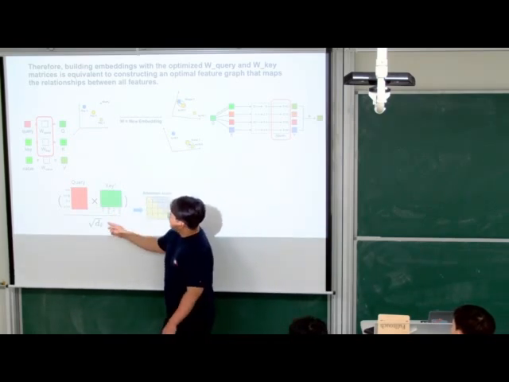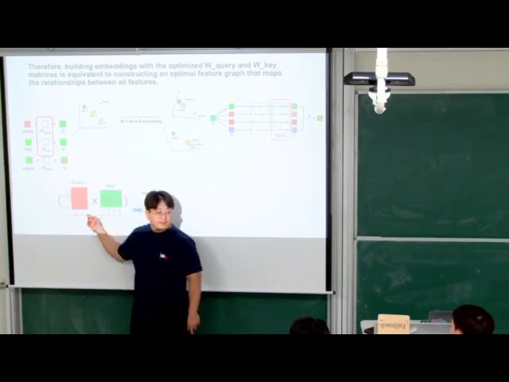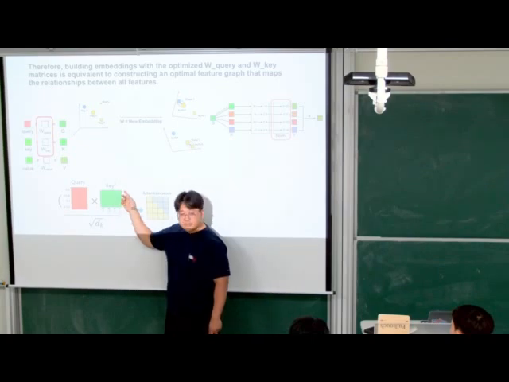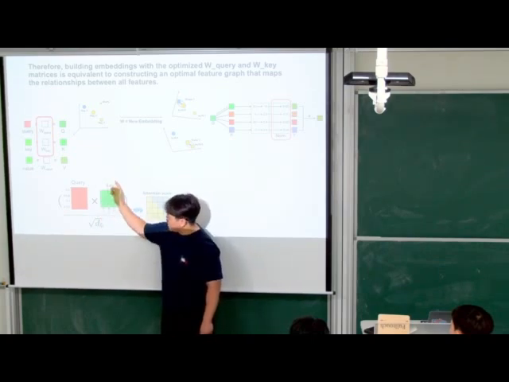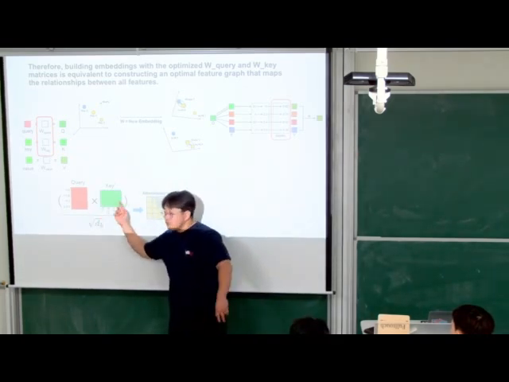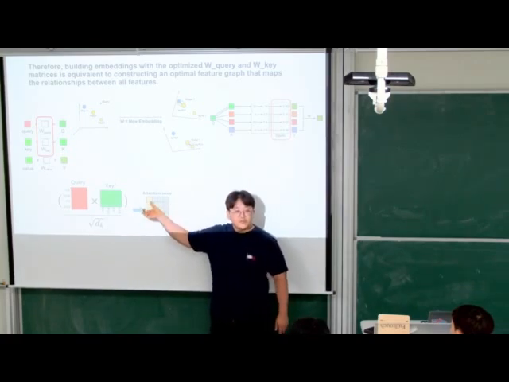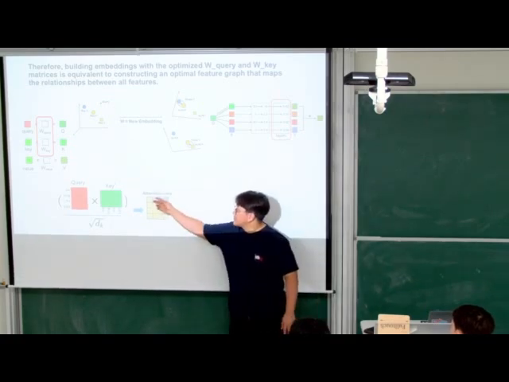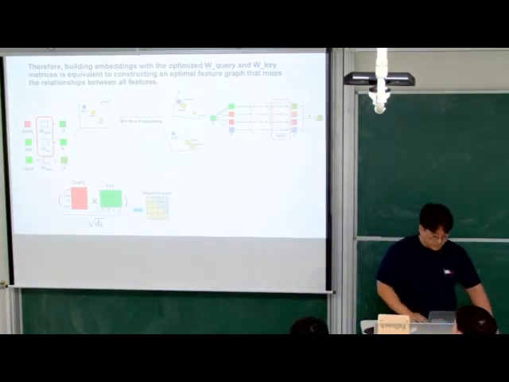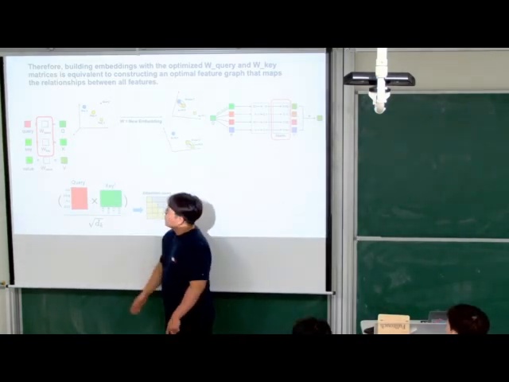The Query tensor size is number of features by dimension of the embedding. The size of the transpose of the key matrix is the dimension of the embedding by number of features. If you multiply these two matrices, then you will get a number of features by number of features matrix. We call this matrix the attention score, and each element is an attention score. And D is just the dimension of the embedding.